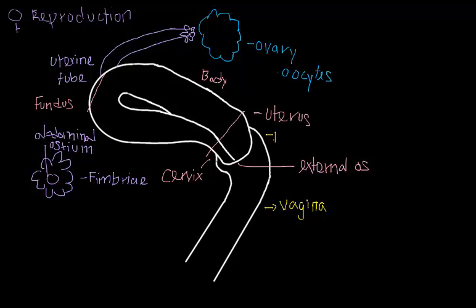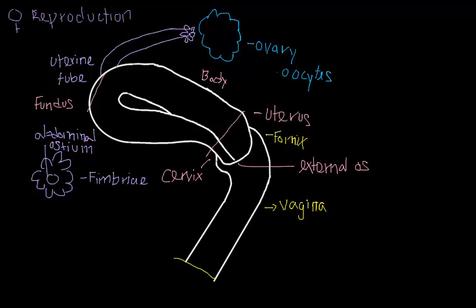And those are called fornixes. I wanted to point that out to you. The fornix. And then you have here the vaginal canal, and ultimately it's going to exit the body at the vestibule. And the vestibule is the opening where the vagina and the urinary system are going to exit the body.